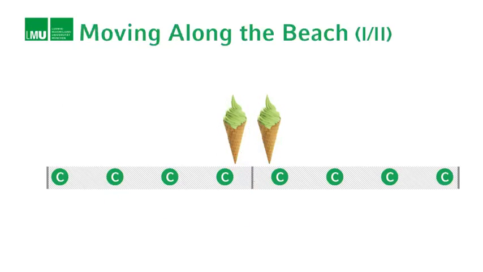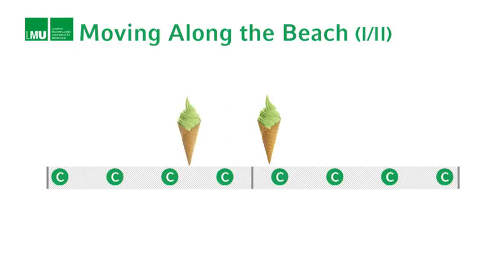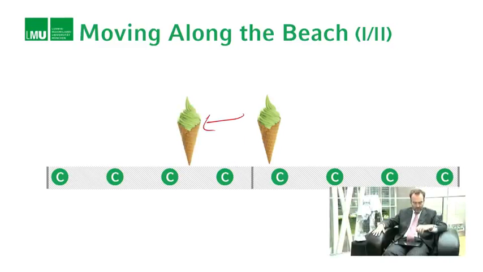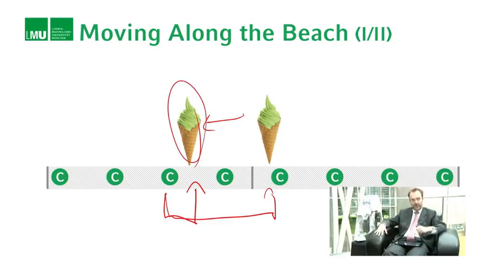Now, seeing this situation, they're obviously not particularly happy. Neither firm A nor firm B is. So one thing that firm A might want to do is move a little bit further out. How is this going to change the situation? Well, this consumer now has two options. He could either go to the ice cream seller who's close, or he could go to the ice cream seller that's further away. So he's going to find this one much more attractive.